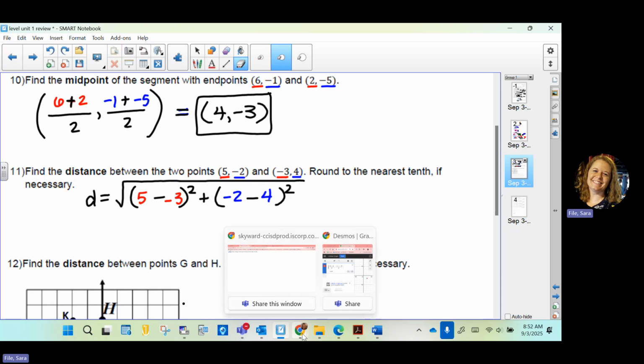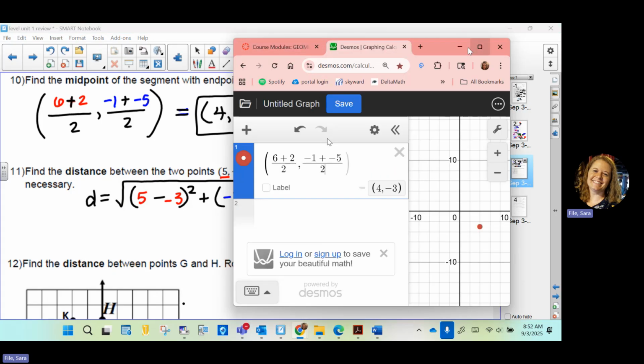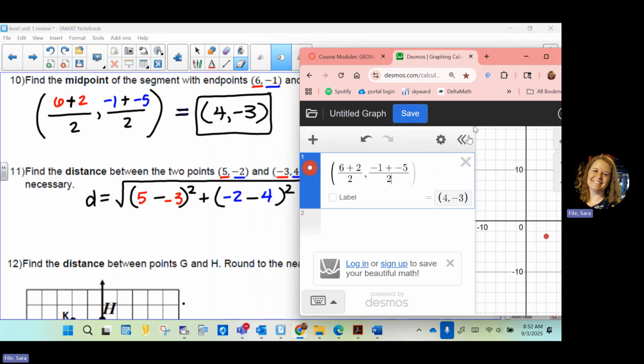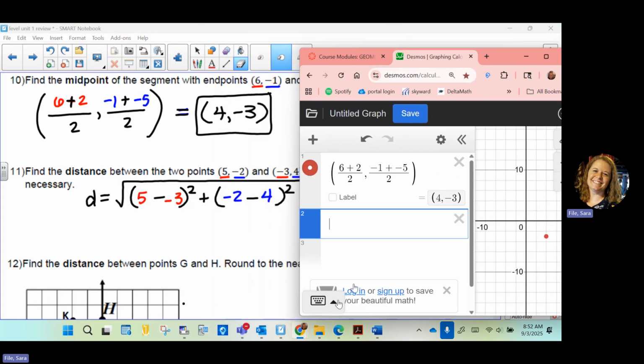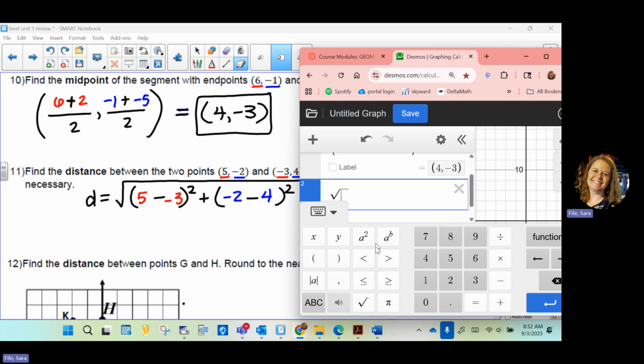So then in Desmos, it will do the work for you again. You just have to type it in exactly like that. So you've got your square root, and then your parenthesis, 5 minus -3. It's okay, you'll have a double negative sometimes. Squared plus, new set of parentheses, -2 minus 4, close parentheses, squared.